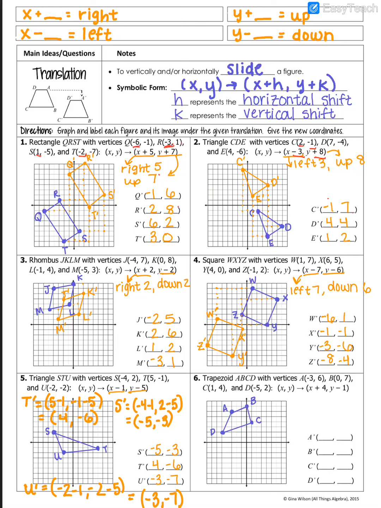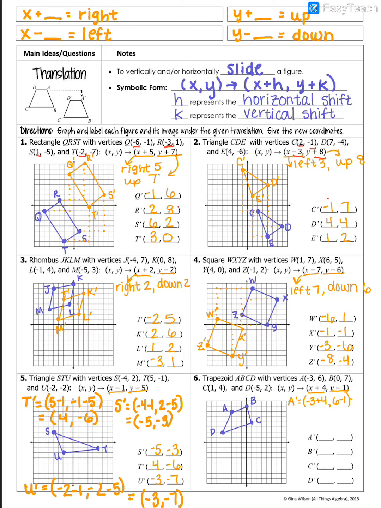Okay, so last one, we're going to do the same thing. I'm going to try to fit this all in here because now we have 4 points, so I'm going to switch to that smaller pen. So we have A prime. Our rule is x plus 4, y minus 1. So I'm going to do negative 3 plus 4, and then 6 minus 1.